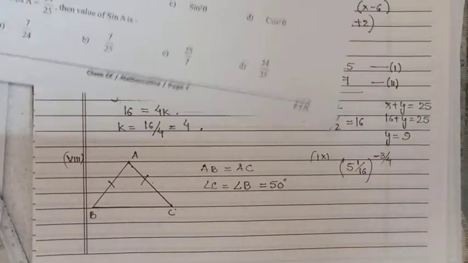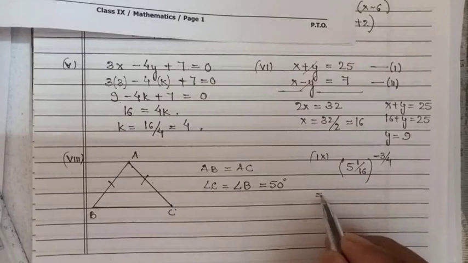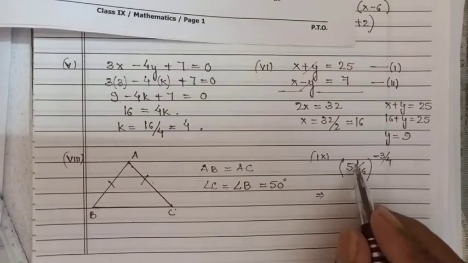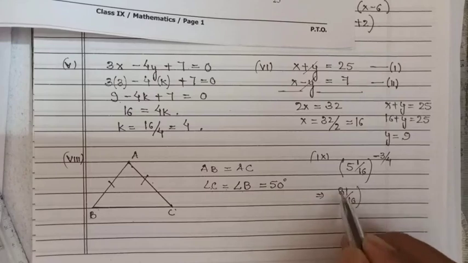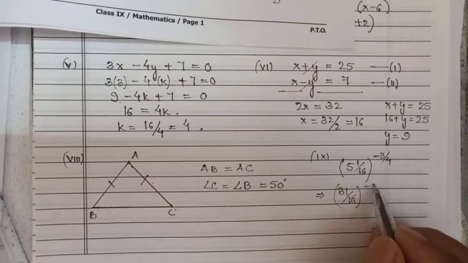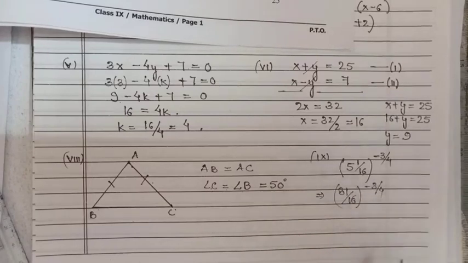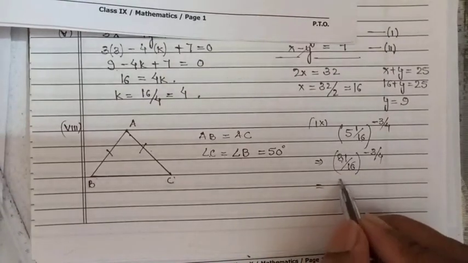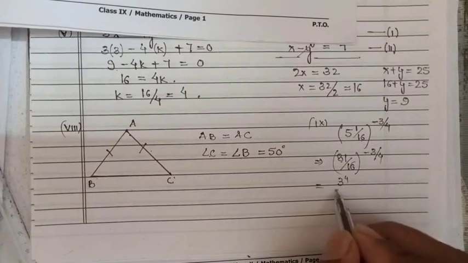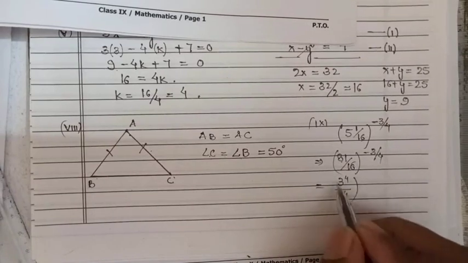Now first of all we will solve within the bracket here. 16 times 5 is 80, plus 1 is 81, so 81 upon 16, whole raised to the power of minus 3 by 4. Now converting them into prime factors, 81 can be written as 3 raised to the power of 4, and 16 can be written as 2 raised to the power of 4.